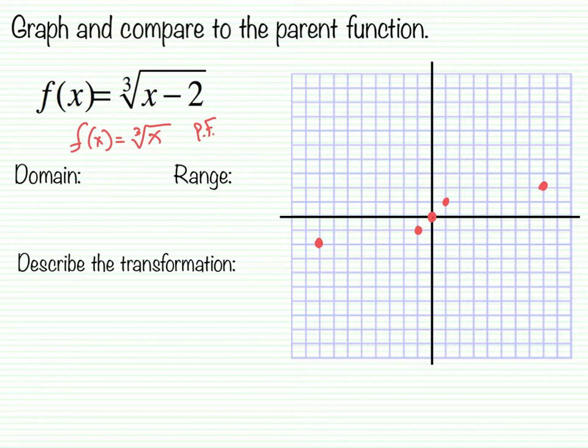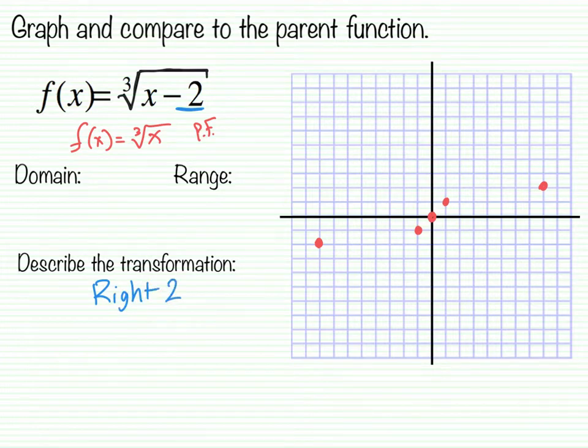And now, what is happening? Notice in this case, my radical goes all the way to there and then down, which means that that 2 is inside of it. So that means it's going to be a left or right movement. And remember from when we did this before, you can go back to chapter 1 notes if you can't remember, this is a right 2 movement.